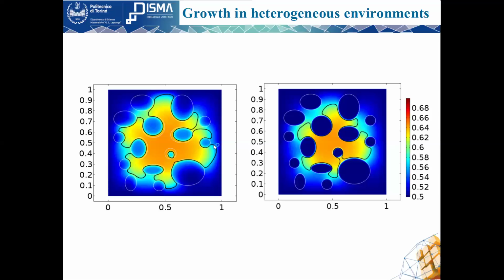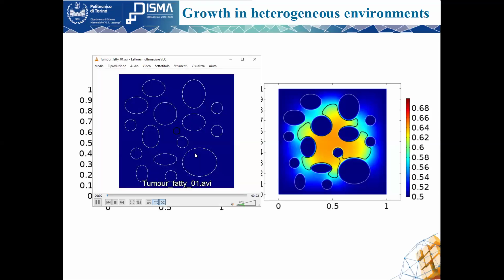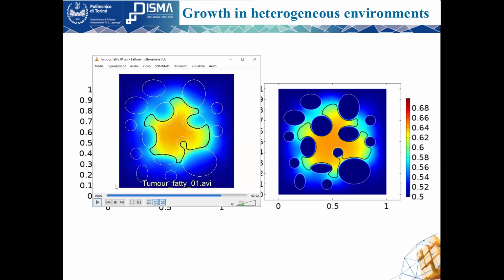What I will show here is a sample situation in which there is a mass growing in a heterogeneous environment. These ellipsoids here are just zones with higher density, or if you want, with smaller pores. As you expect, the spheroid will grow trying to avoid this area here.